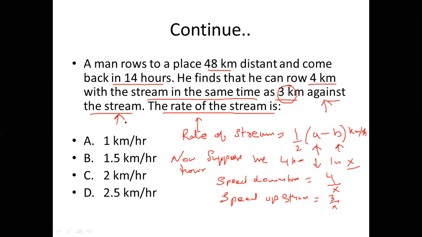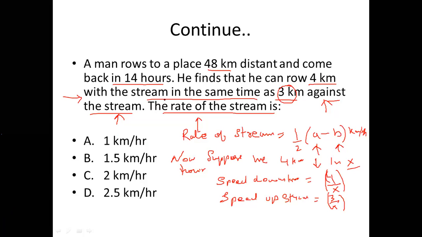Read the words. Against the stream means upstream, right? With the stream means downstream, right? So we found this thing. Speed downstream will be 4 by X and speed upstream will be 3 by X, right?